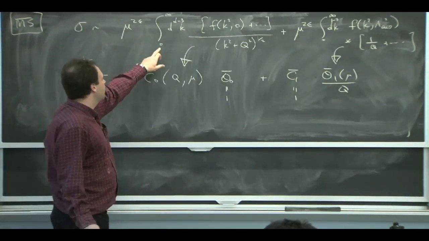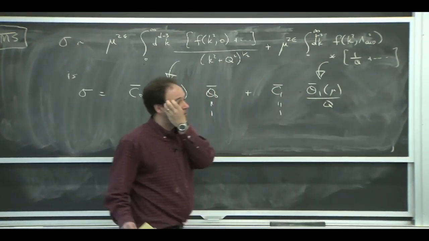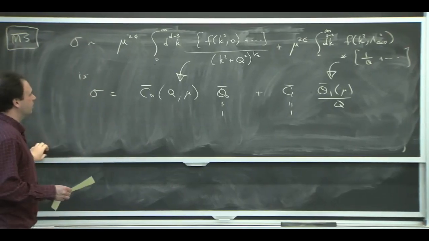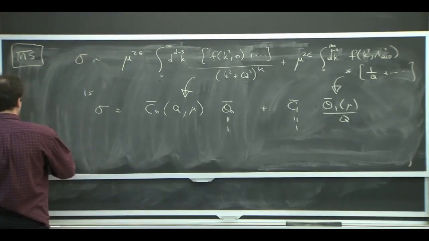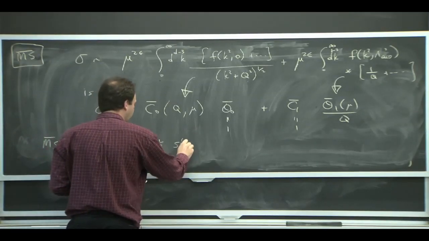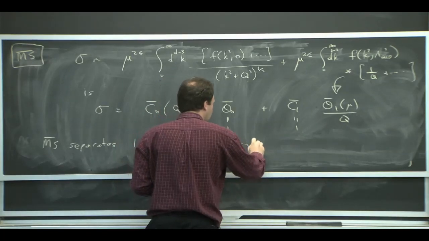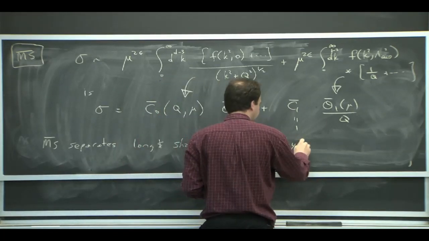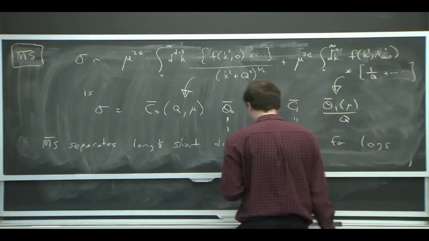Now, the thing about MSbar is that you integrate all the way down to 0 there, and you integrate all the way up to infinity here. Okay, and that's where the renormalon problems come from. So this little procedure here separates the long and short distance physics for the logs. It does that correctly.